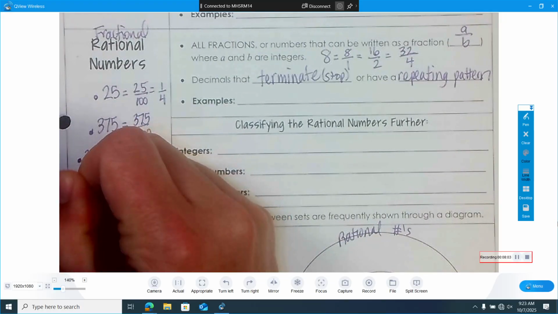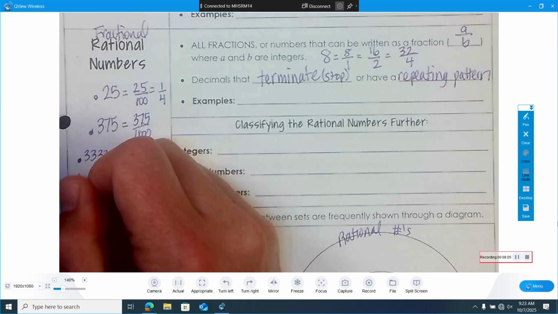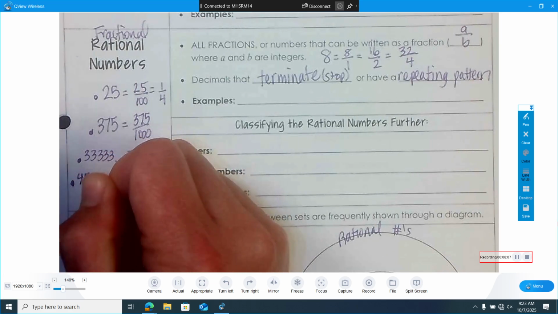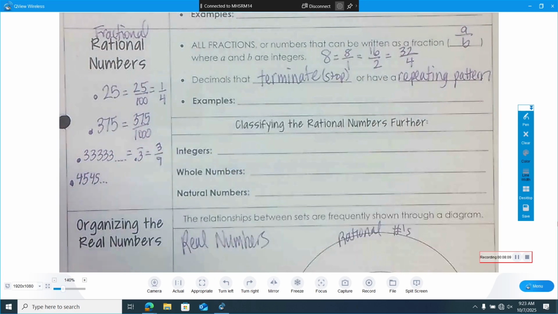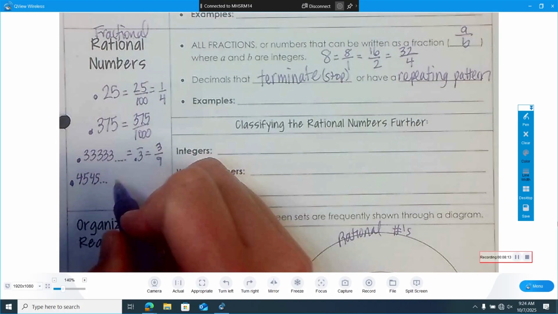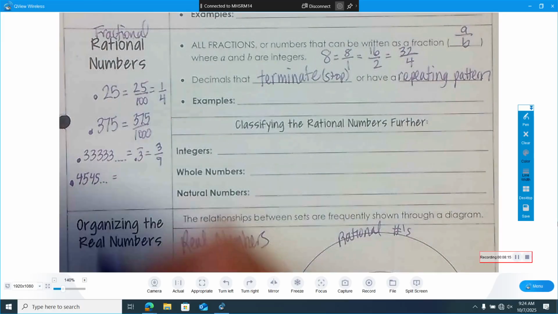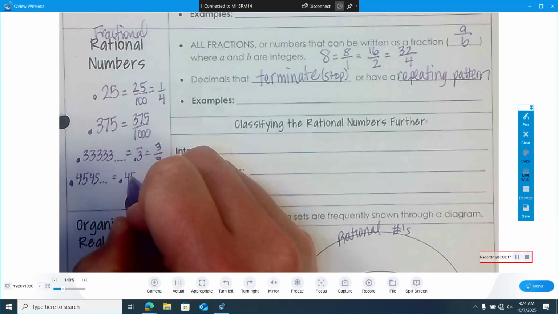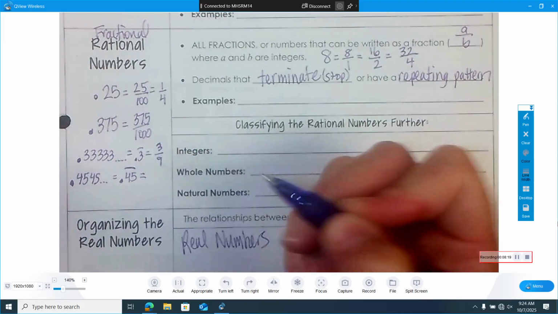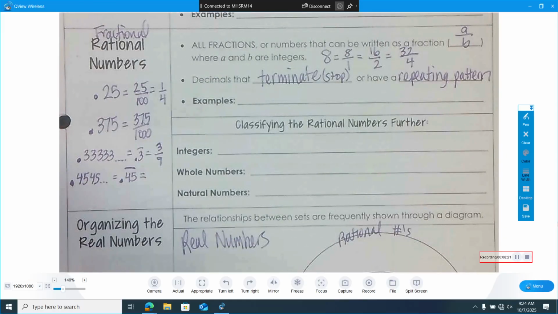If I had a decimal that went 0.454545... Is it a repeating decimal? What's repeating? 45, yeah, so 0.45 repeats. Again, I can write that as a fraction, just putting 9s underneath it.